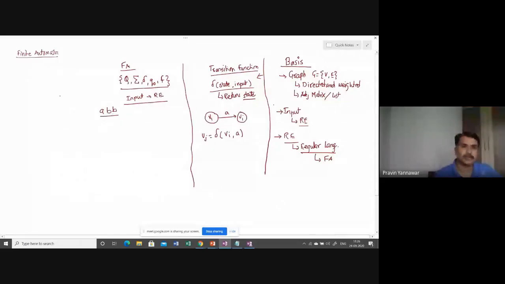So it means you have a language L which is defined over a set of symbols A and B, such that the regular expression is ABB only. So the words W that are generated using this regular expression is ABB only. Okay, so it has got one occurrence of A and two occurrences of B.